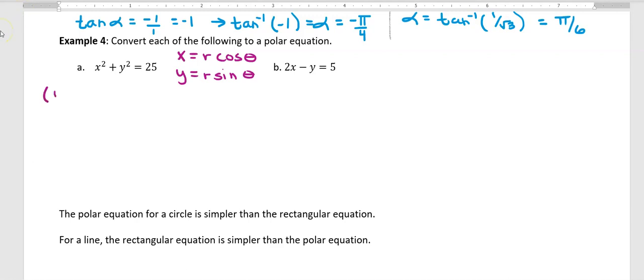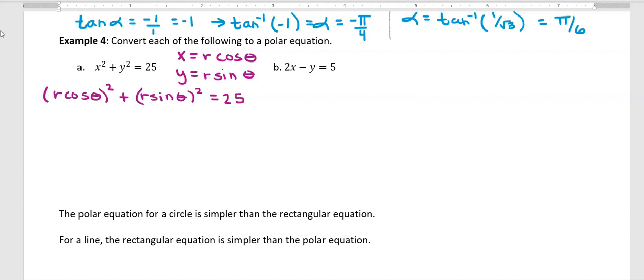So the first one would become r cosine theta squared, and the second would become r sine of theta squared, and that would equal 25. So all we did is replace the x and the y with r cosine and r sine, depending upon whether the variable was x or y.